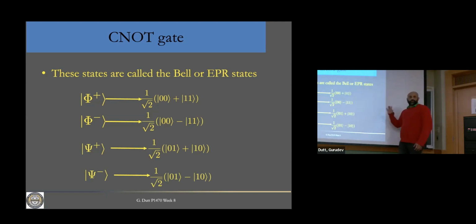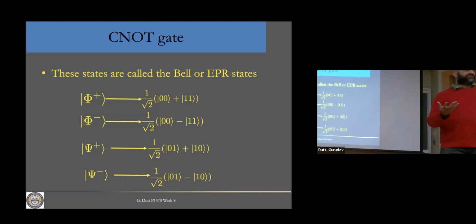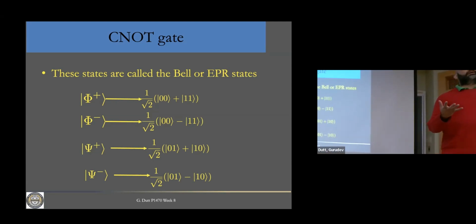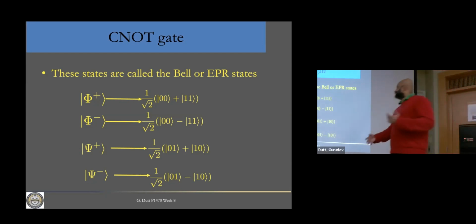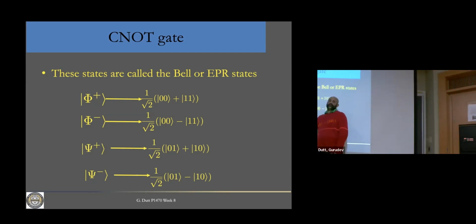And it can be shown, of course, we know that |0,0⟩, |0,1⟩, |1,0⟩, |1,1⟩ forms a complete basis set because every state in the 2 qubit space can be written as a superposition of them. It turns out that these 4 states also form a complete set, which you can show by calculating the completeness relation.